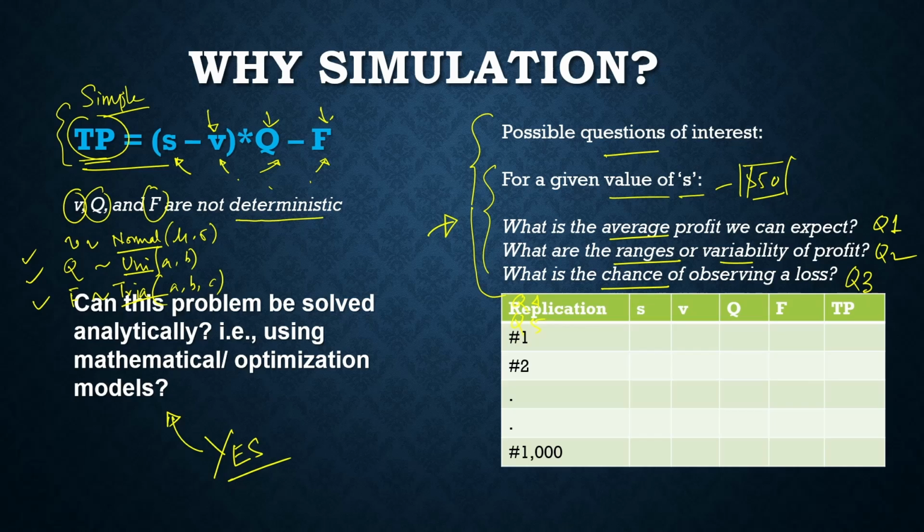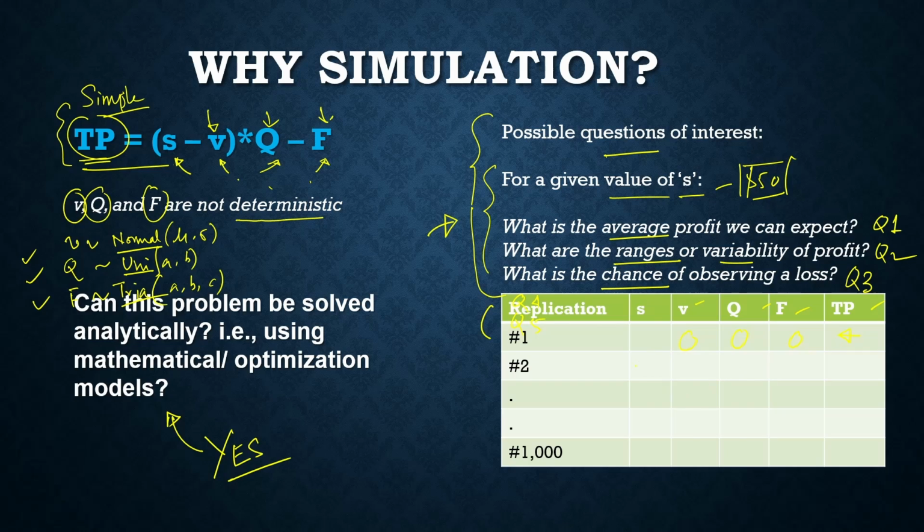In case of simulation, what we will do is we will carry out replications of this V, Q, F, and finally TP. So what is that? Using replication 1, we will have one particular value of V, then Q and F, and finally using those values, we will calculate the total profit.